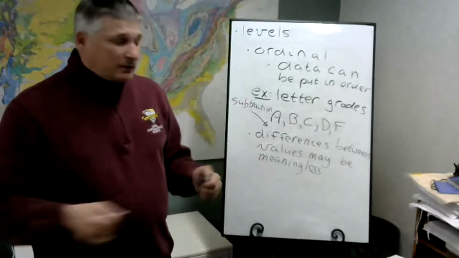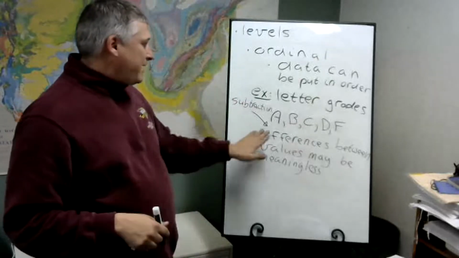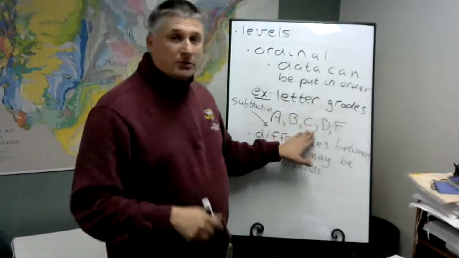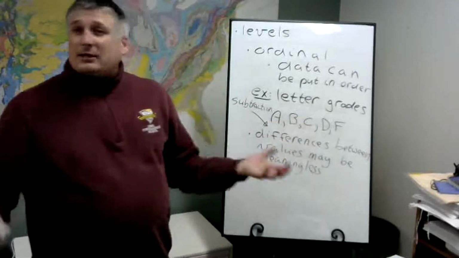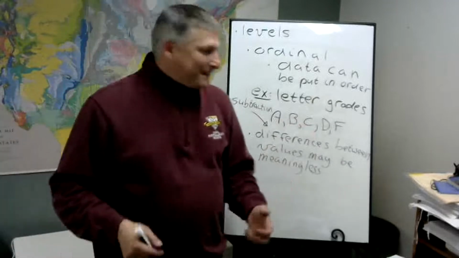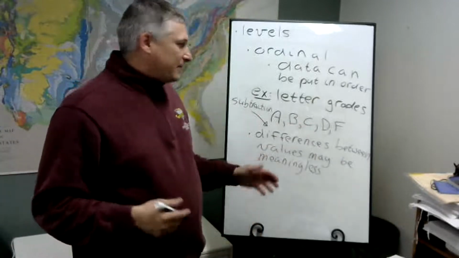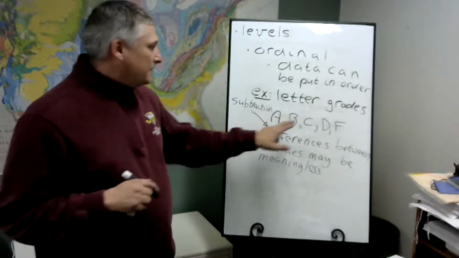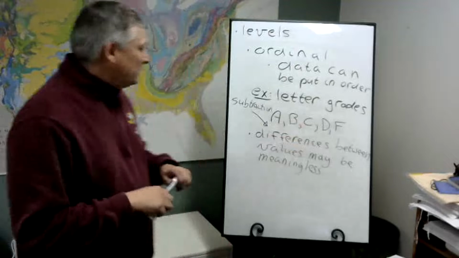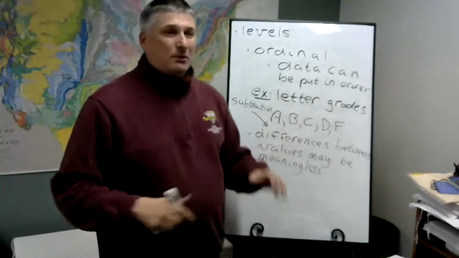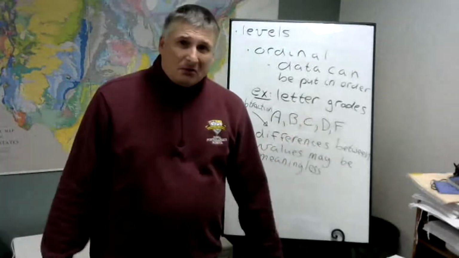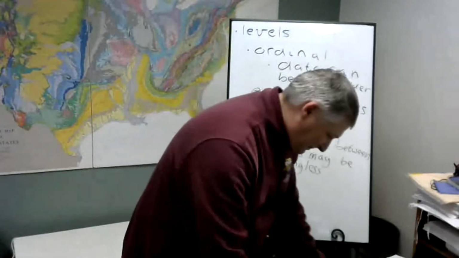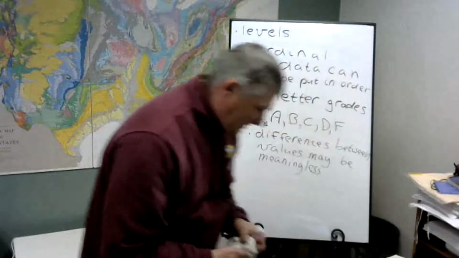Now, what we would want, if we had the number of points earned for the A and the points earned for the C, then subtracting the points earned could make sense. We could figure out, for example, how many more points the student who had an A earned than the student who got a C. But if we just have the letter grades to work with, we don't know. So A minus C is going to be meaningless. All right.